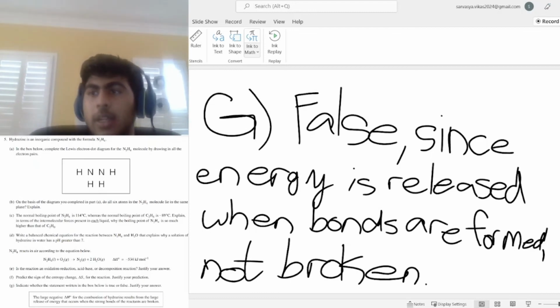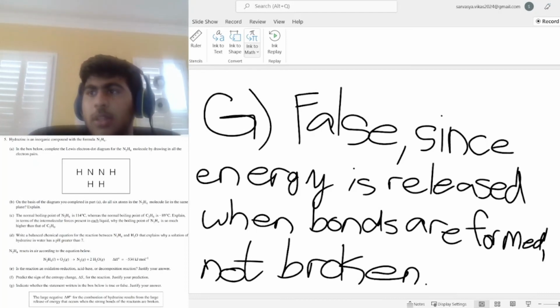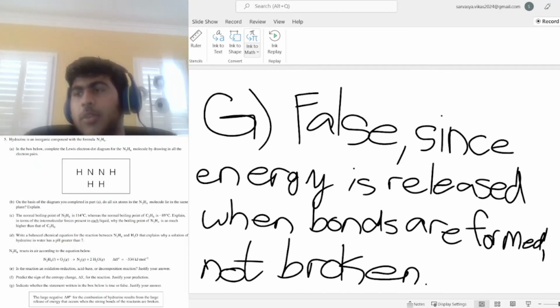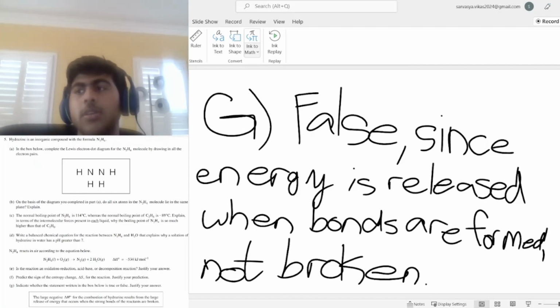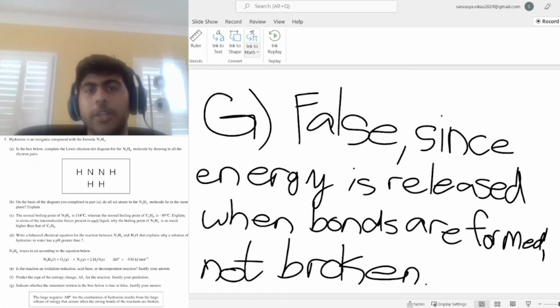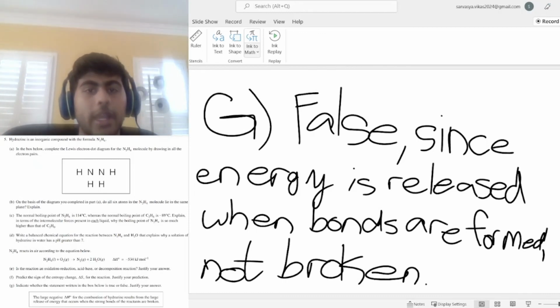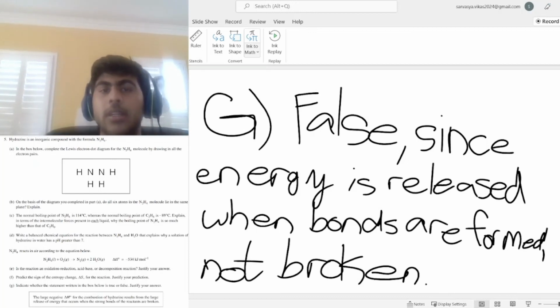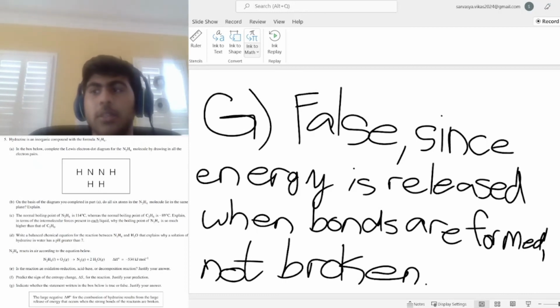Also, looking at the equation for the combustion of hydrazine, we can see that the bonds in the products, like nitrogen gas, which has a triple bond, are going to be way stronger than the bonds in the reactants.